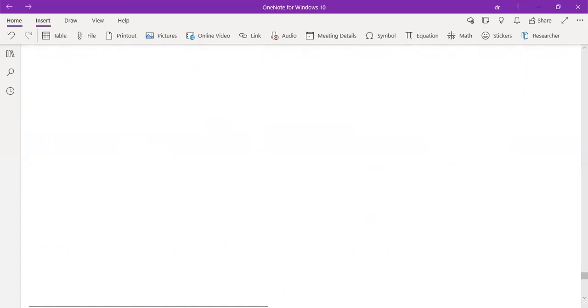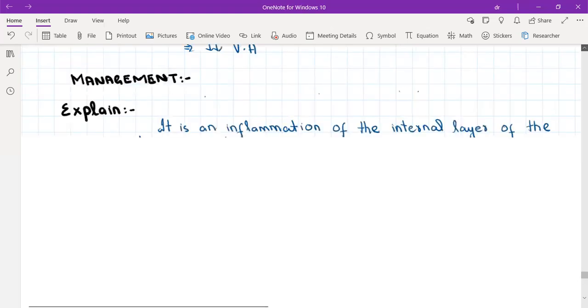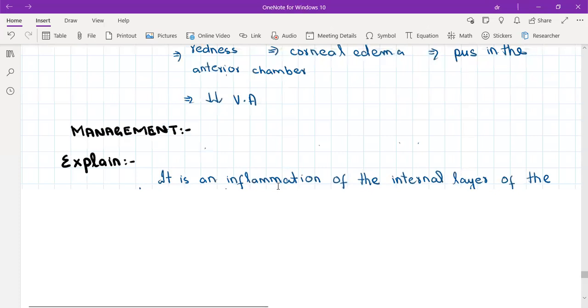Okay, and the management here will be admitting. Basically, if it's present in the GP, then we will refer immediately to the hospital. But if it is present in the ER, then we will admit the patient, and we'll take some swabs from the eye, and we'll also take some intraocular fluid from the eye and send it to the lab.